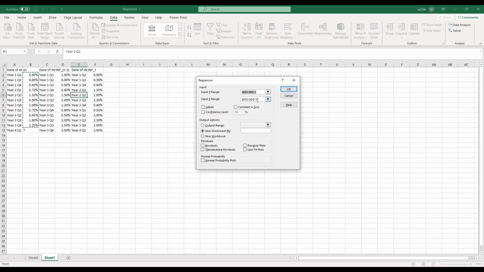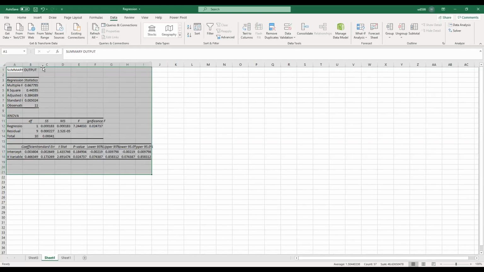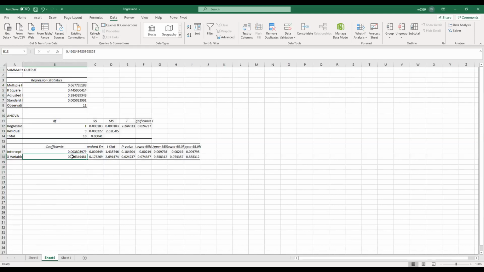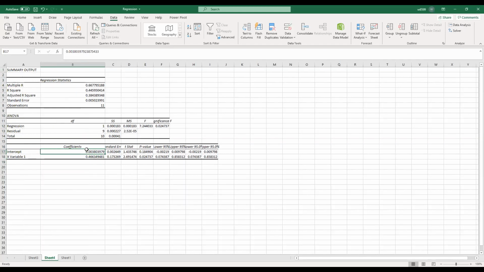Y is the same, X from here to here, and yes. The most important things are B0 and B1. B0 is 0.0038. B1 is 0.466349. We keep 3 decimals, that's enough.